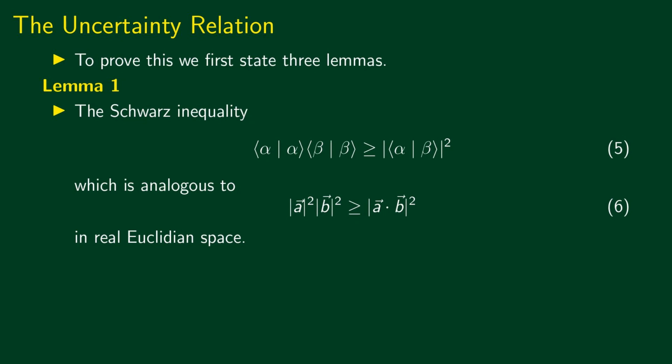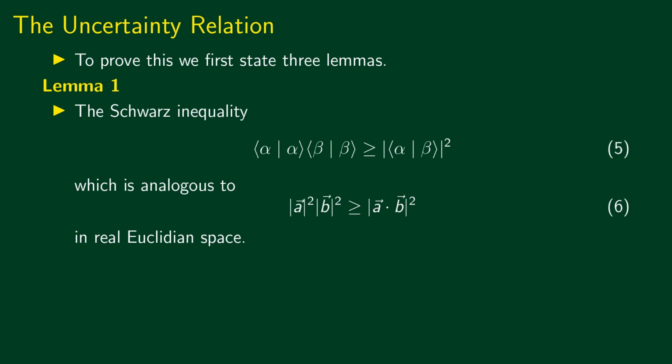But modulus A square is a sum of squares, ax square plus ay square plus az square, and modulus B vector square is also a sum of squares. So these two are positive definite, whereas on the right side it could be 0. You might already be familiar with this relation. The analogous relation associated with the ket space is this.